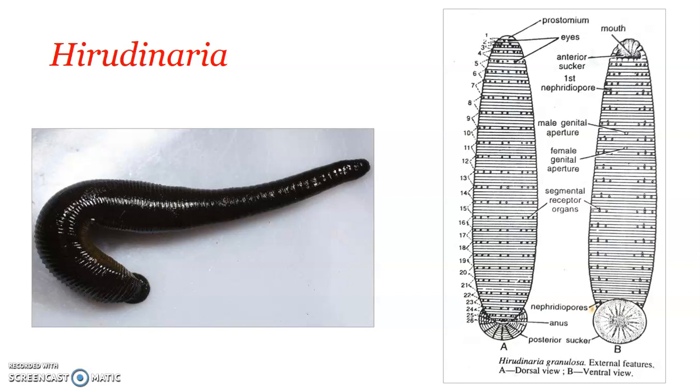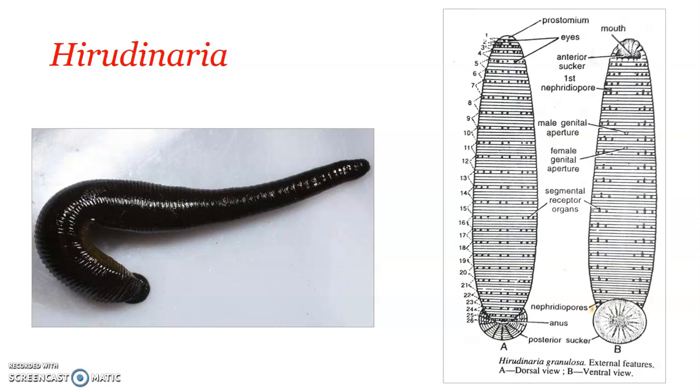The very common species found in India is Hirudinaria granulosa, and this is the one, with the labeled diagram. It occurs in freshwater ponds, lakes, tanks, swamps, and sluggish streams, where it either swims by vertical undulations. Undulations means just like how flagella or cilia move.